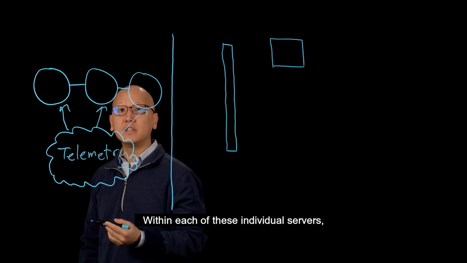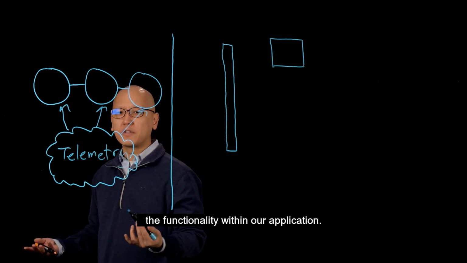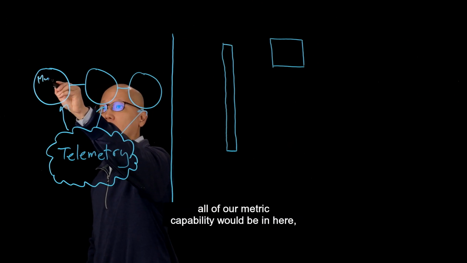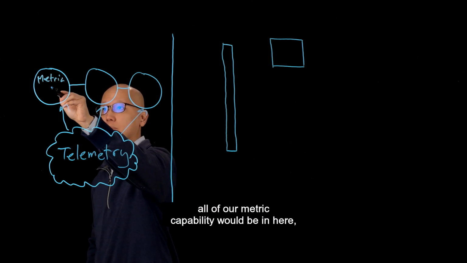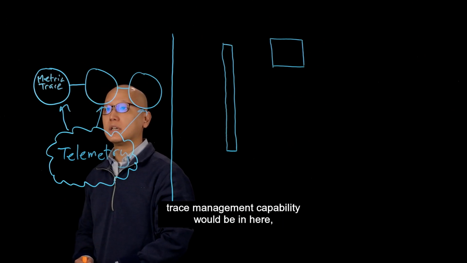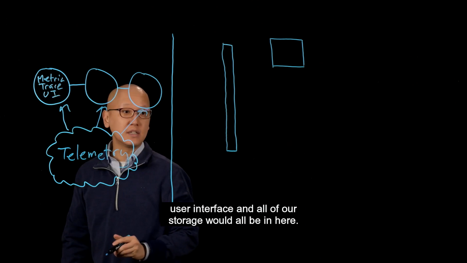Within each of these individual servers, we'd have the totality of all of the functionality within our application. So for instance, all of our metric capability would be in here, trace management capability would be in here, user interface and all of our storage would all be in here.